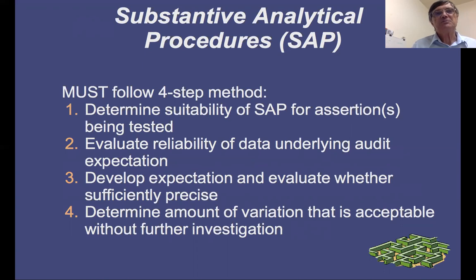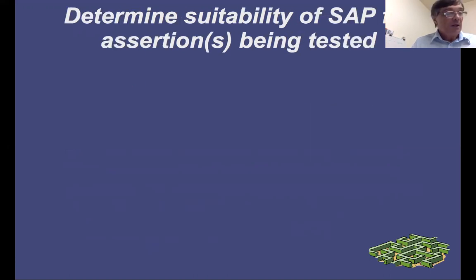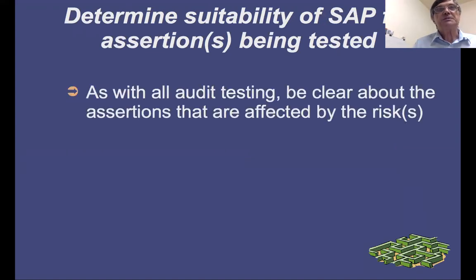Nowadays, we have to write down our variation before we do the test. That's all in ISA 520, paragraph 5, a very, very important paragraph in the ISAs. Okay. Is it suitable for the assertions that we're testing?